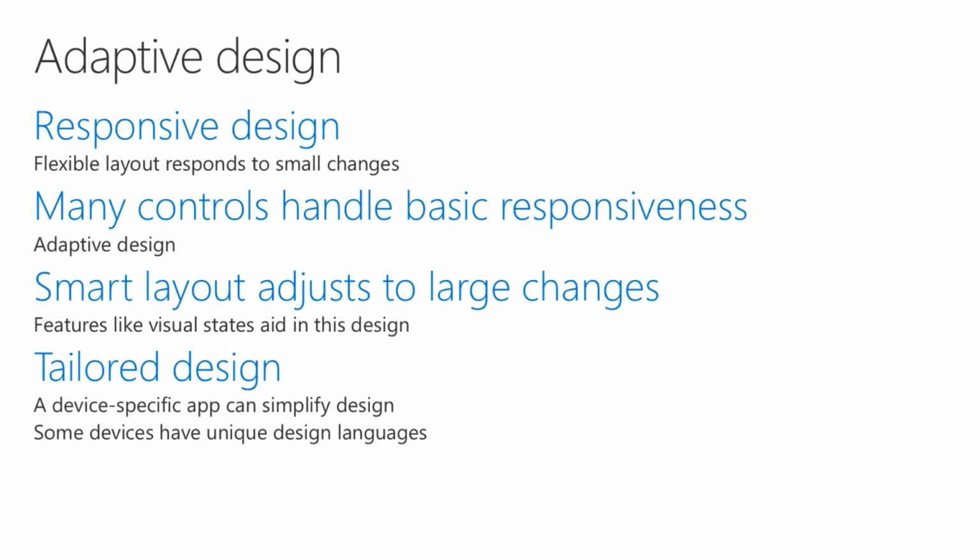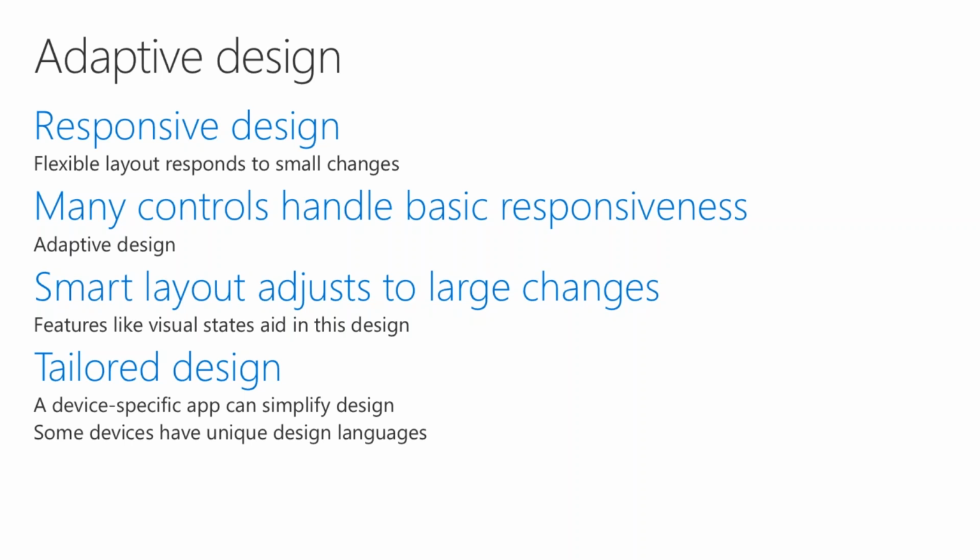So XAML as a UI technology has this fantastic feature called visual states. I can create multiple visual states and then trigger them based on maybe a screen dimension, or I can trigger that visual state based on some programmatic code.